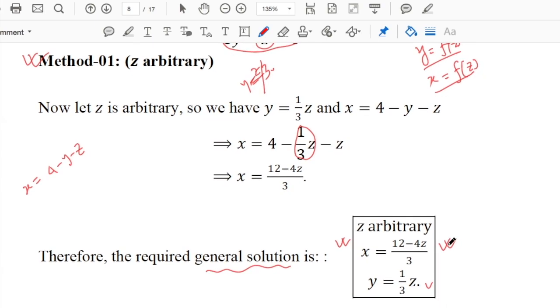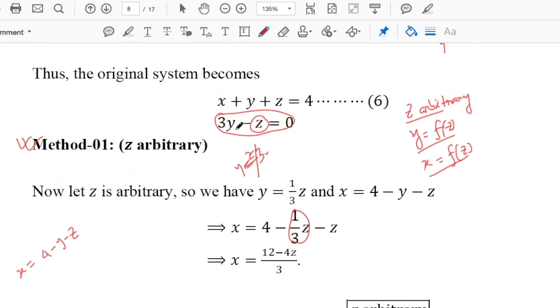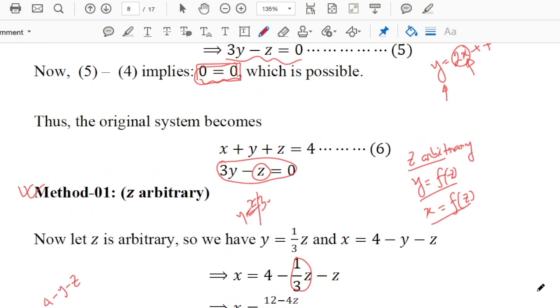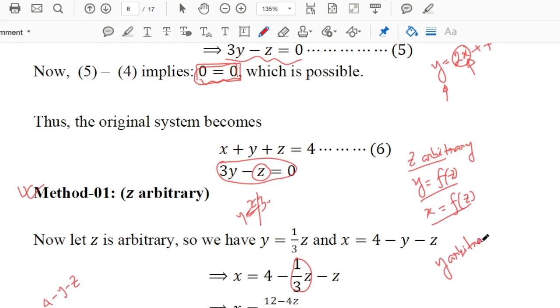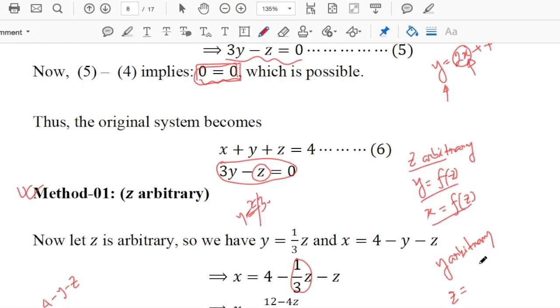However, if you consider y as an arbitrary variable, then what is the general solution? Let me write it here. y arbitrary, and you need to write z in terms of y, which is 3y from the second equation.